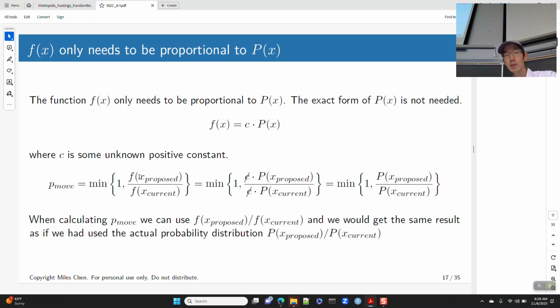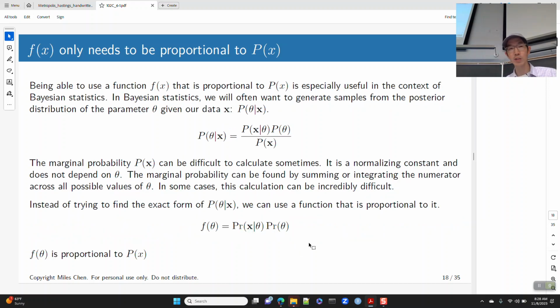And we can see that f of x proposed is just c times the probability of x proposed, divided by c times the probability of x current. That's just equal to p of x proposed over p of x current. So when we calculate this p moved, we can just use f of x proposed divided by f of x current, without actually having to use the target probability distribution p of x proposed and p of x current.